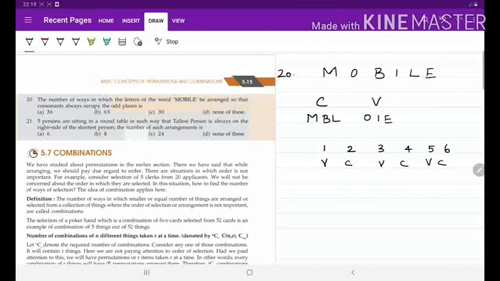This can be done in 3 factorial ways for the consonants and 3 factorial ways for the vowels. So 3 factorial into 3 factorial is equal to 6 into 6. Therefore, the answer is 36. Option A is the answer.